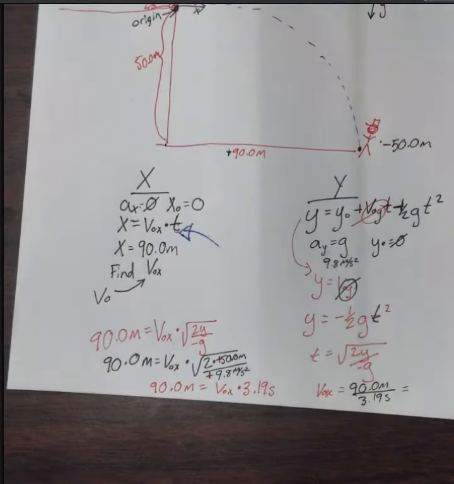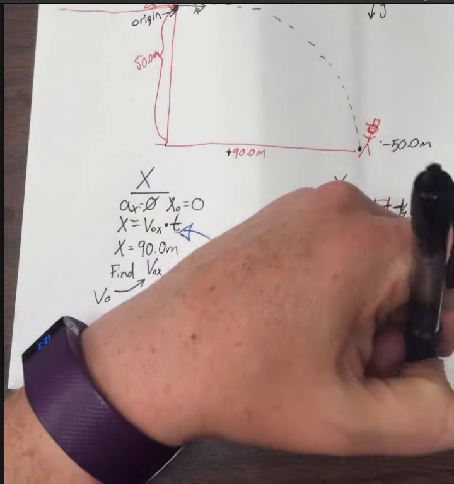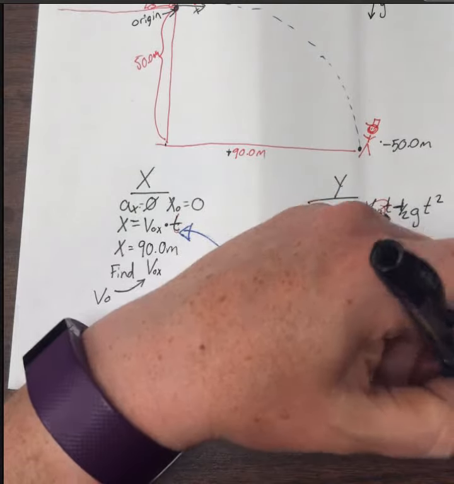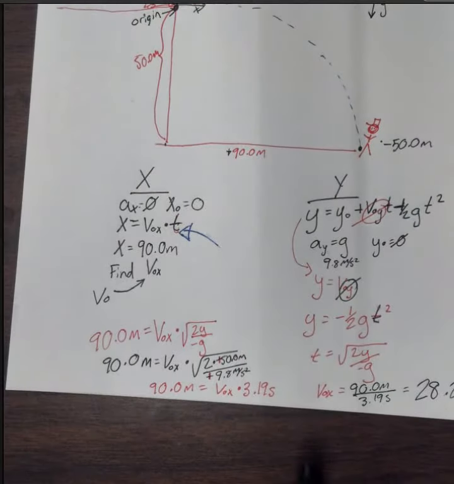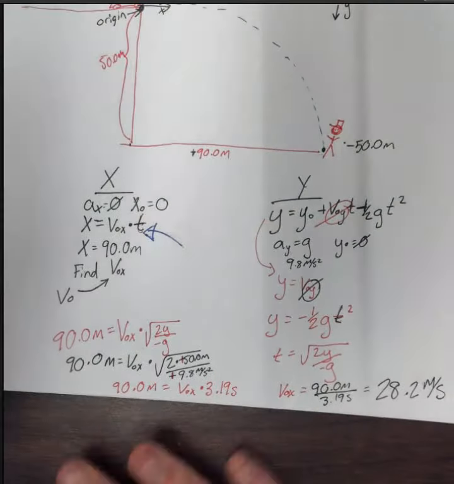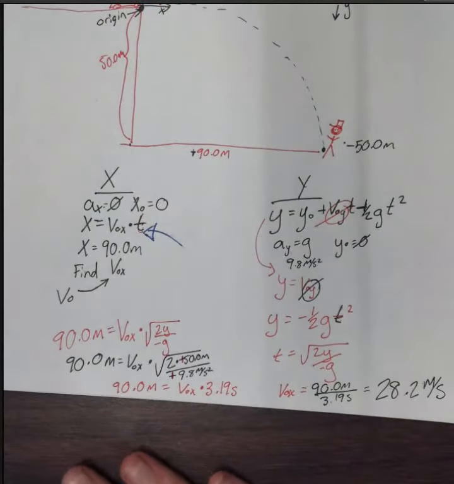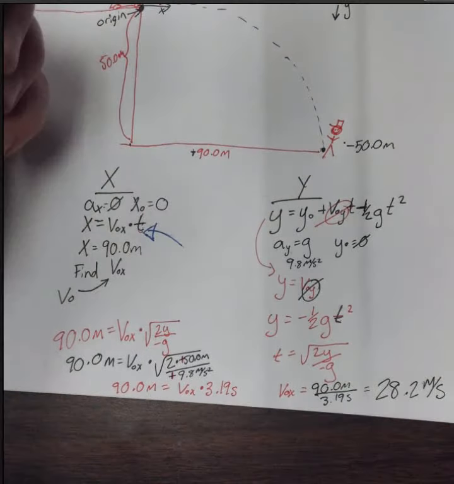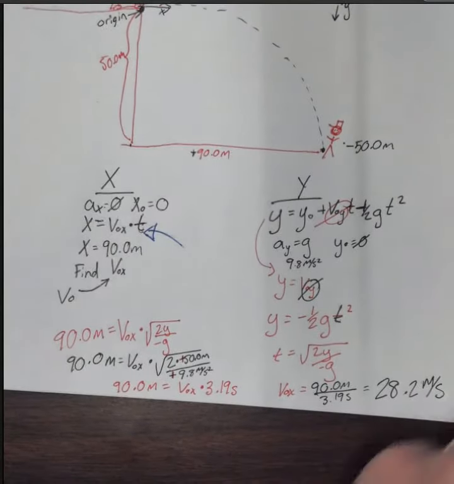So 90.0 meters divided by 3.19 seconds gives us 28.2 meters per second. Alright, that was the find that we had. It was 28.2 meters per second. That's how fast the cat needs to be going in order to make it all the way to Benny, and then Benny climbs into the car and they drive off into the sunset together.